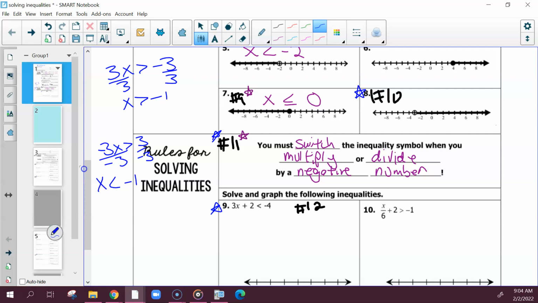Same thing with multiplying. This is rare, but it does happen. If you had something like this, where I need to get rid of 6, so I'm going to have to multiply on both sides by negative 6. That would be an example where I change my sign.